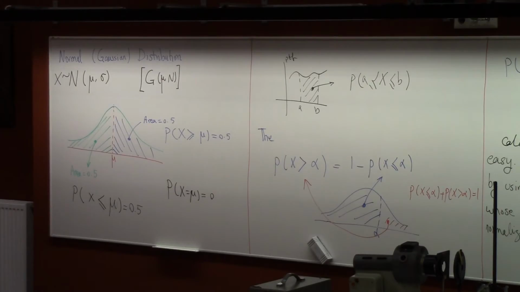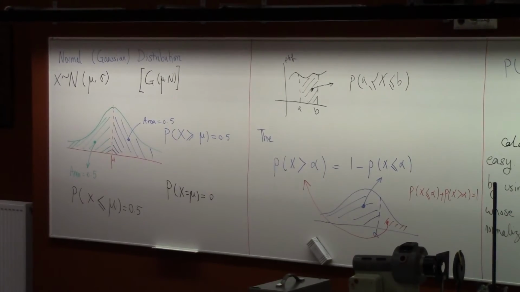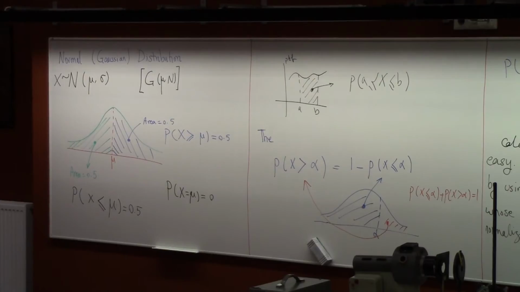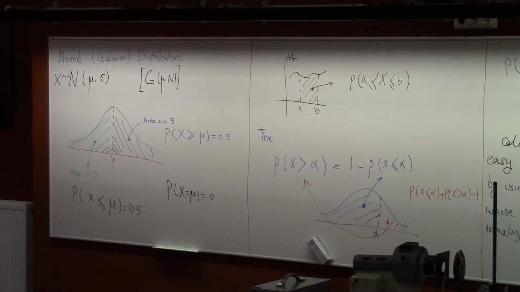Z can be calculated as follows. Assume x is a random variable with normal distribution of mu and the standard deviation of sigma.